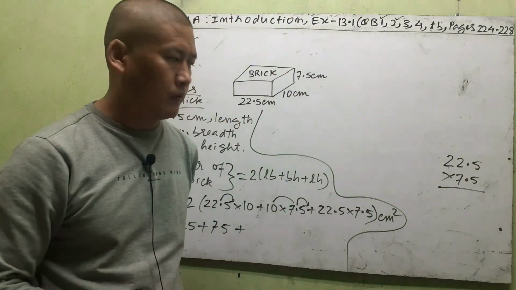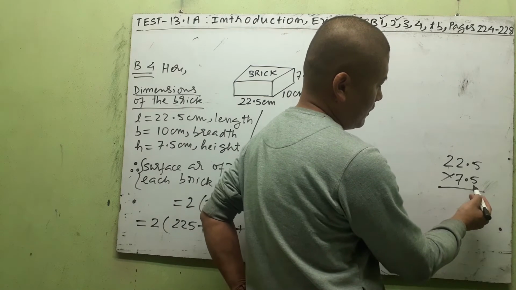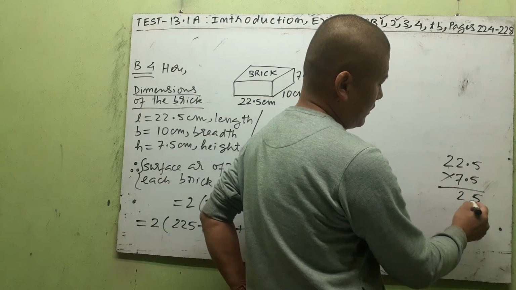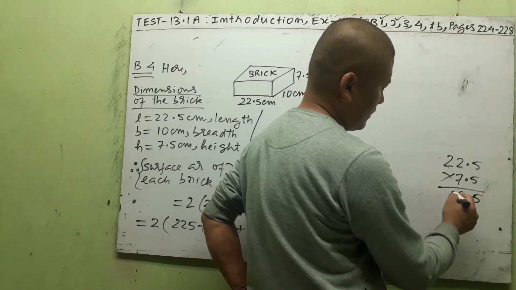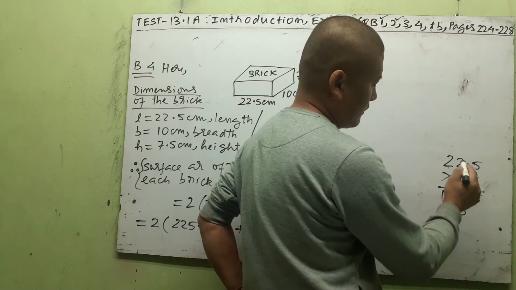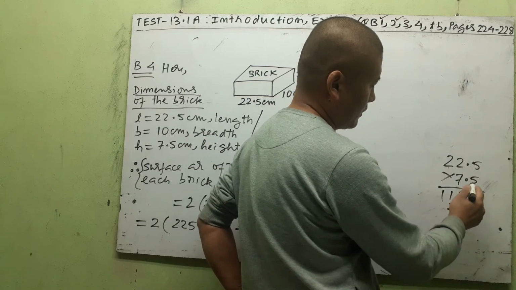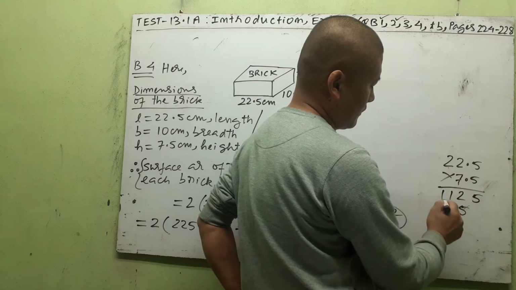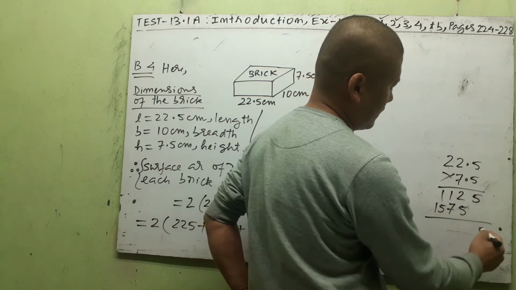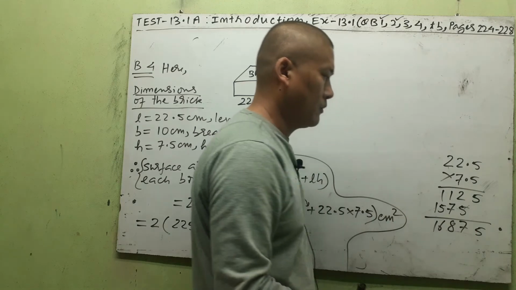22.5 into 7.5. 5 5s are 25. 2s are 10 plus 2, 12, 1 in hand. 2 is 10, 11. 7 5s are 35, 3 in hand. 7 2s are 14 plus 3, 17, 1 in hand. 7 2s are 14 plus 1, 15. 5, 7, 8, 6, 1 you'll get when you add them.